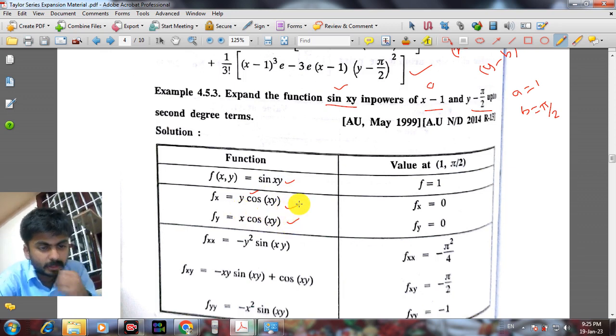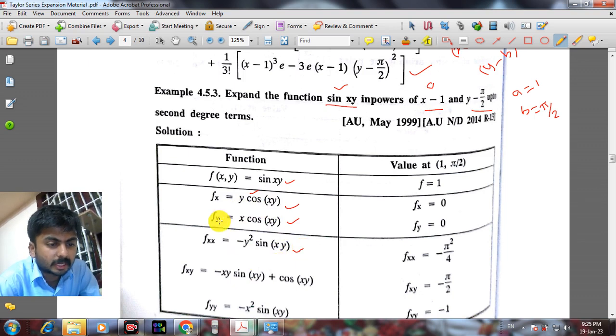In the same way we can also find fxx. Here we are having already one y. The differentiation of cos xy is minus sin xy, and this xy can once again be differentiated with respect to x, which gives y again. So we are having minus y square sin xy.